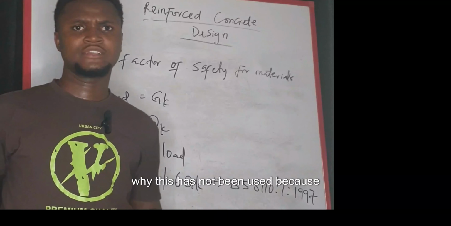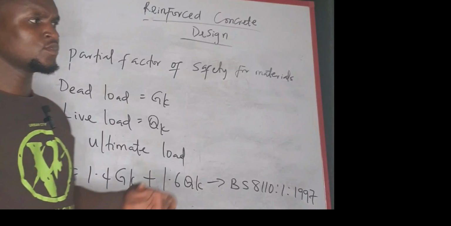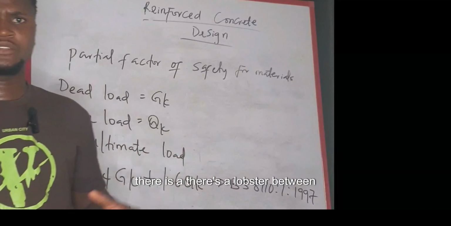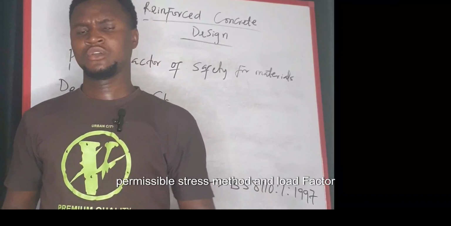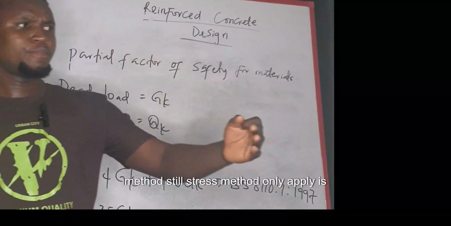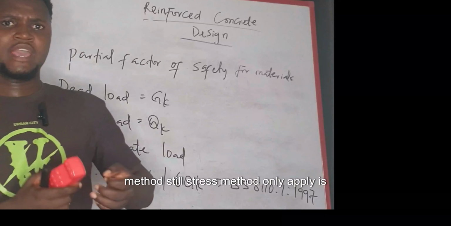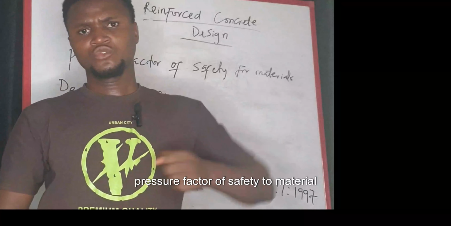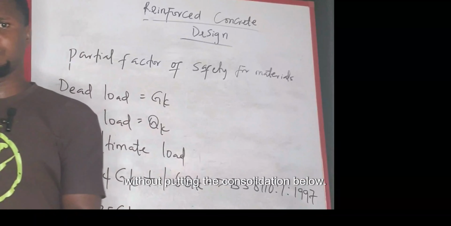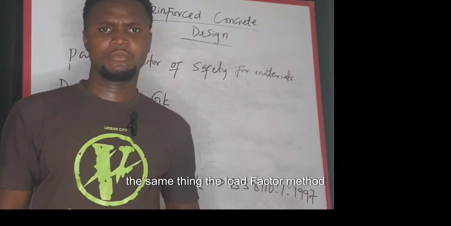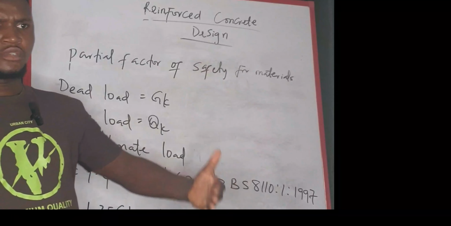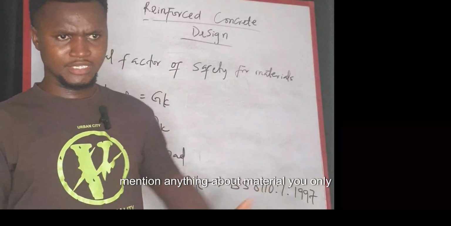Why this has not been in use is because there's a lapse between permissible stress method and load factor method. Permissible stress method only applies a partial factor of safety to material without taking the load into consideration. The same thing, the load factor method did not mention anything about material.